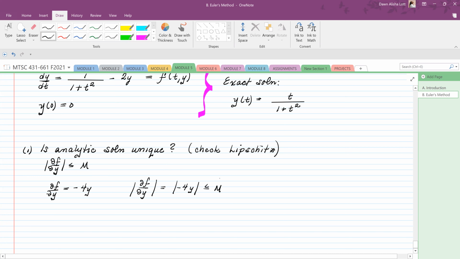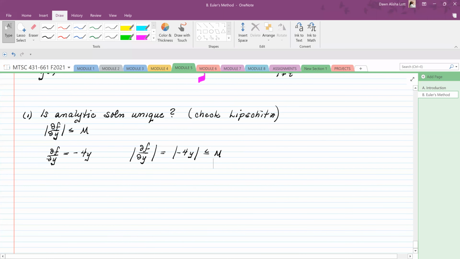That means we need to maximize this, make it as big as possible for all y. If we take the derivative again, we'll see that the biggest this can be is 4.